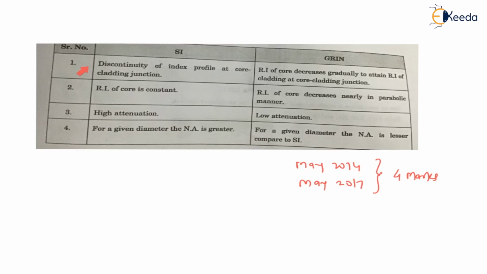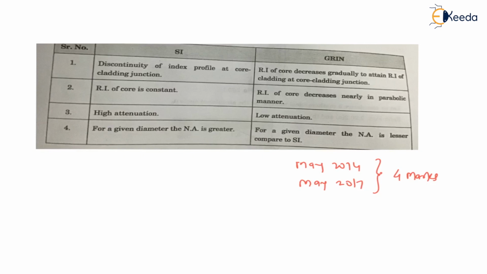We all know that in step index fiber, there is a discontinuity of index profile at the core cladding junction. The refractive index of the core medium for step index fiber is constant, and that is different from the refractive index of cladding. So at this core cladding junction, the value of refractive index suddenly changes from mu1 to mu2.